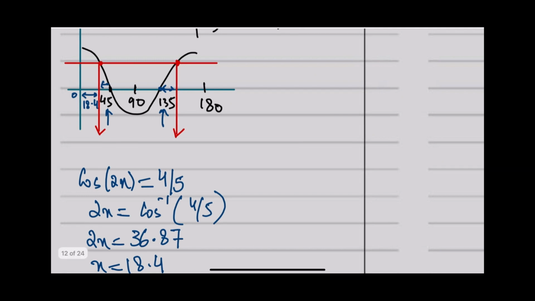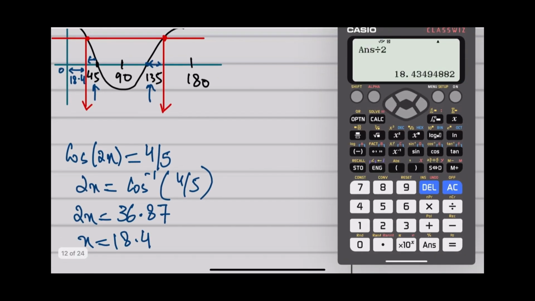So I can say that distance is 45 minus 18.4, which gives you 26.6. So this distance is as well 26.6.